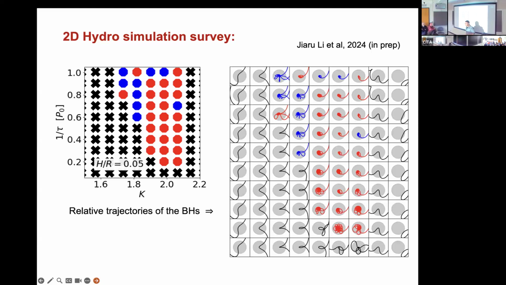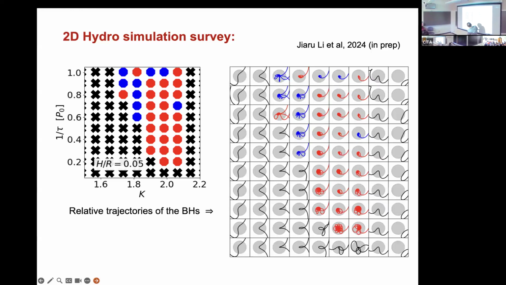This vertical axis is proportional to gas density. This tau is basically, I imagine, the type 1 migration eccentricity damping, with a formula connecting tau to the density. It's a way of parameterizing.